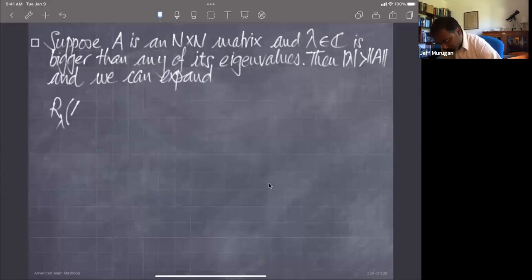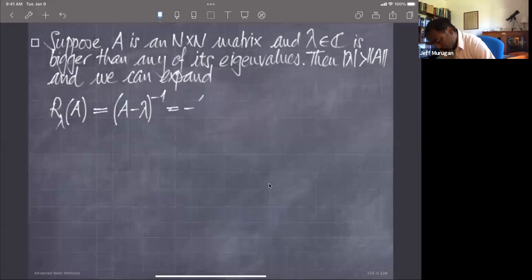By definition, this is A minus lambda inverse, which I can write as minus 1 over lambda times the sum over n equals 0 through to infinity of A divided by lambda to the n.